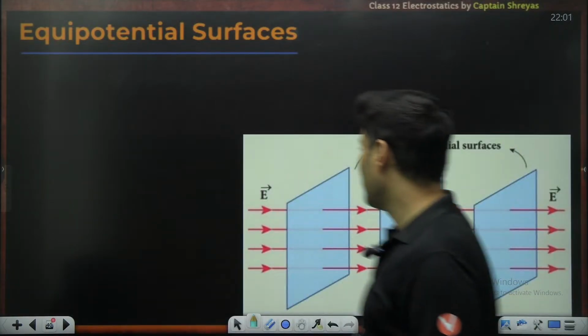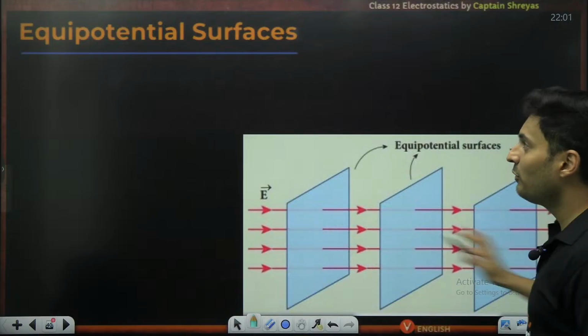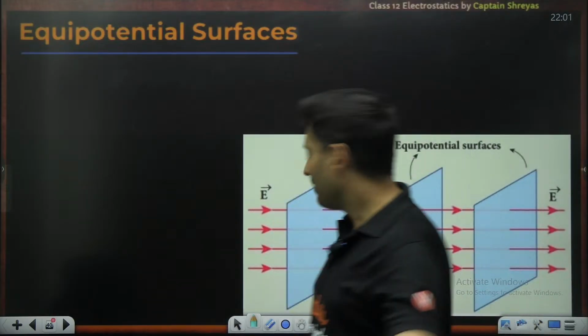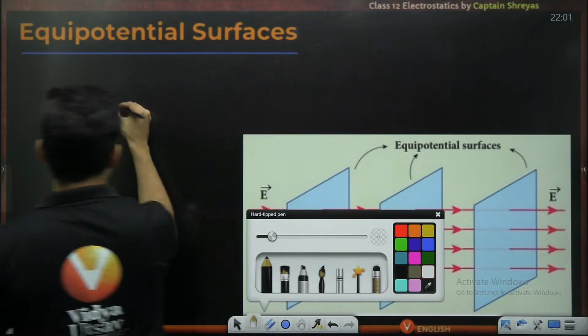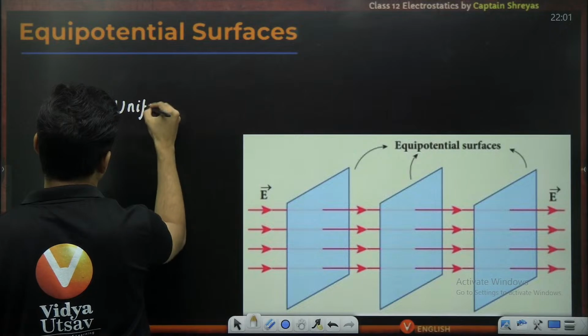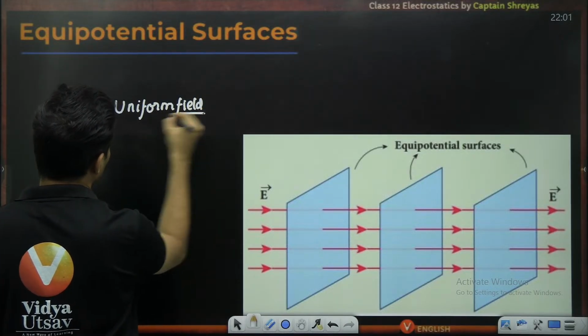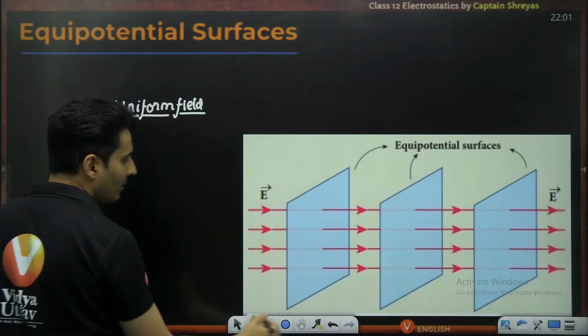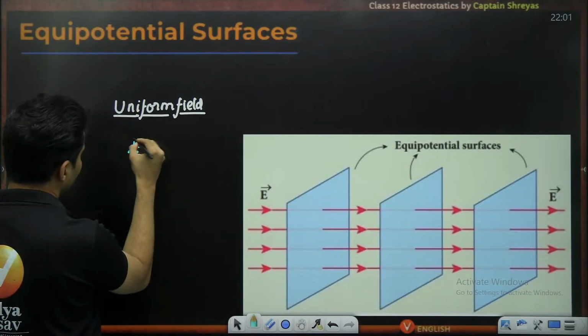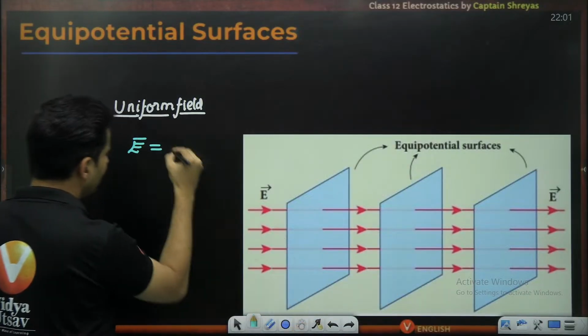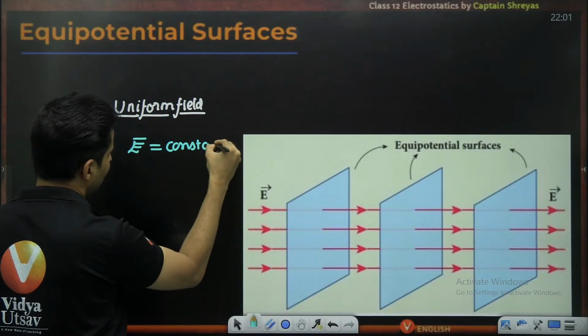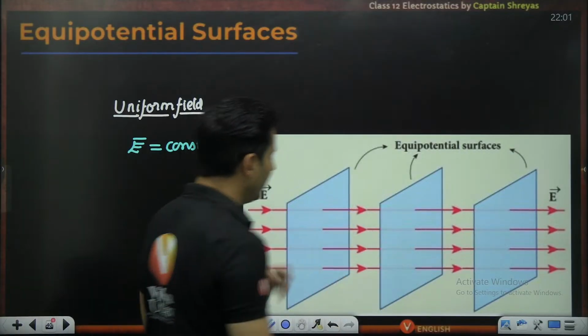Another live example of this is when you have uniform electric field. Remember uniform electric field? Remember the field was constant. The field vector was nothing but constant in magnitude and direction. It was going like this, constant.